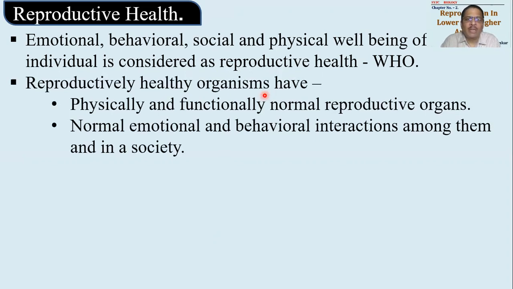Okay, reproductively healthy organisms will have physically and functionally normal reproductive organs. Organs develop होने चाहिए properly. Normal emotion, normal behavior will be important so as to interact among the people, and even with society.